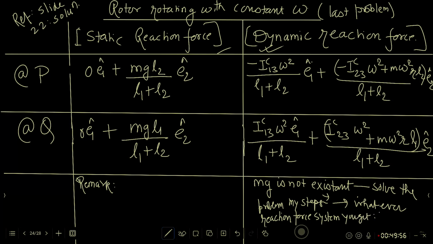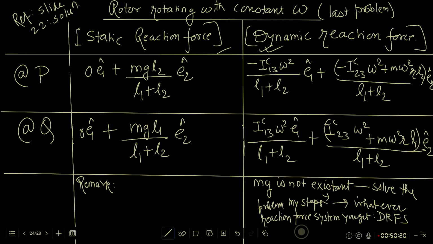So this is sort of a trick. If you are being asked to find DRFS, simply assume that mg does not exist and go ahead and solve the problem exactly the way I have solved. You get DRFS. But if the problem says find the reaction force system, what they mean is total reaction force system, which I am calling TRFS.